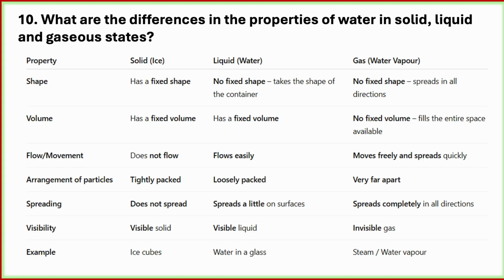What are the differences in the properties of water in solid, liquid, and gaseous state? See, in solid state, that is ice, what about the shape? It has a fixed shape. Then, what about volume? It has a fixed volume. Then, what about its flow?